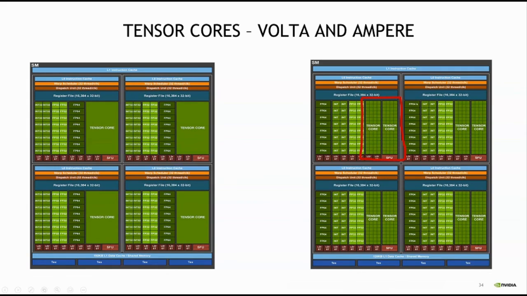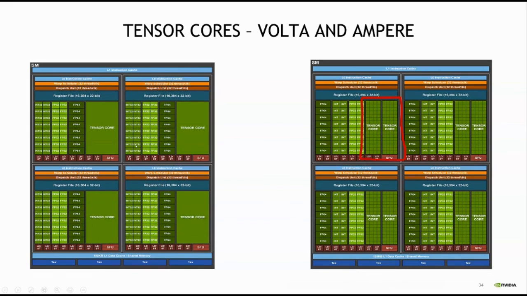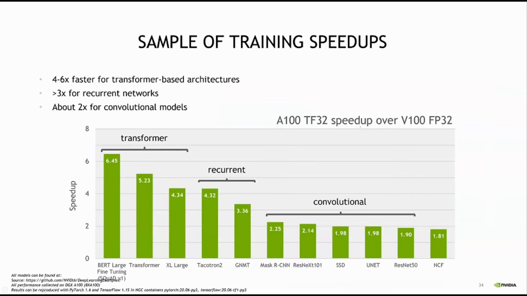But in the case of the Volta architecture, we did not have tensor cores for floating point 64 at all. So the tensor core of the Ampere architecture is more general purpose, can be used for floating point 64 as well as for TensorFloat 32, and also for floating point 16 slash BrainFloat16, compared to the Volta architecture. Let me give some performance numbers.